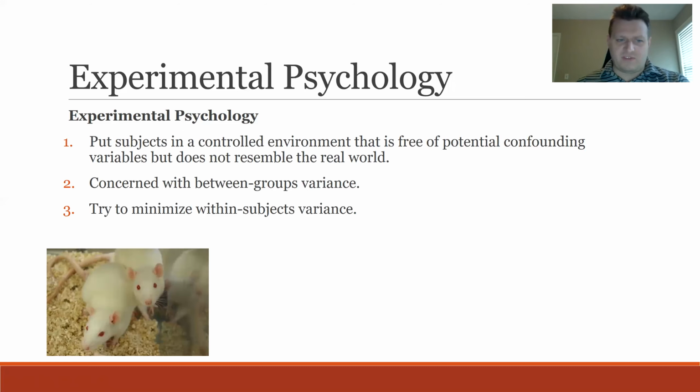So some examples of this: if you are doing research with rats or mice, a lot of times what you might use is litter mates. So you put a certain rat or mouse in the experimental condition, and then you put a certain rat or mouse that was born at the same time with the same father rat, with the same mother rat, into the control condition.